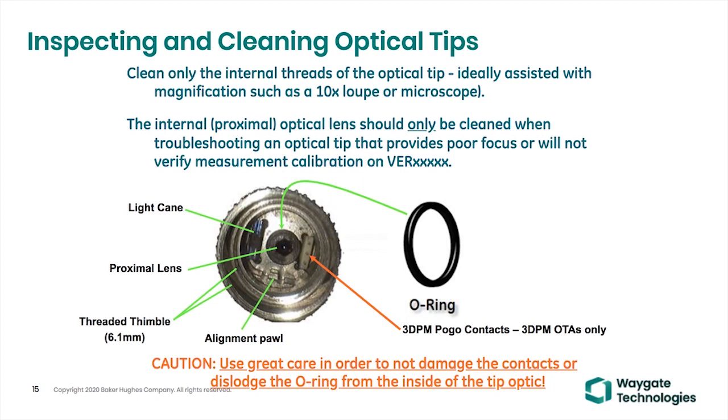And so we do that in the factory, whether it's being repaired or whether it's a new system. Once you receive the system, you'll note that there's a verification block with the system, and it's best practice to always use that verification block to verify the accuracy of the system. You'll see that there are some little targets in there to allow you to do that very easily and in an automated way.